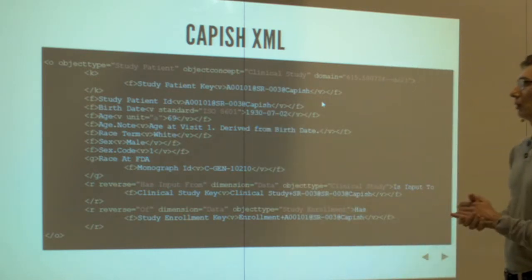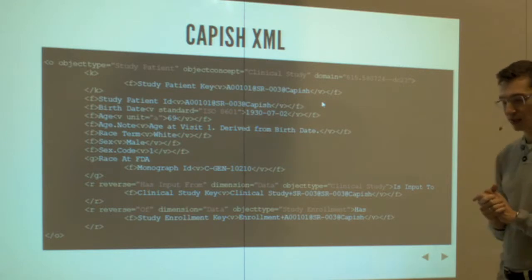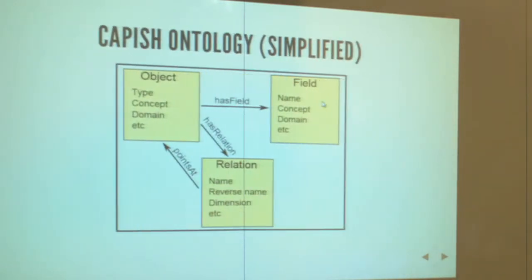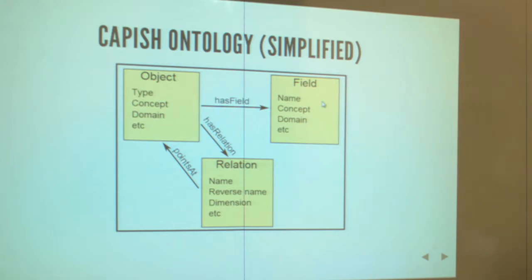And so what is a natural name for the metadata of a graph data model? Well, it's ontology. So we call our metadata system ontology, and it has been called so from the beginning.